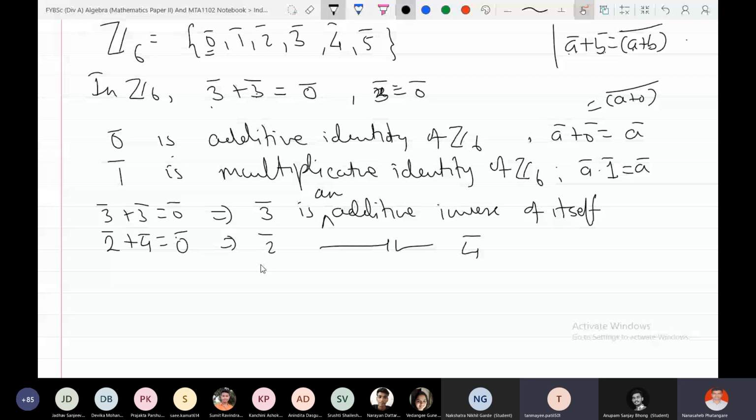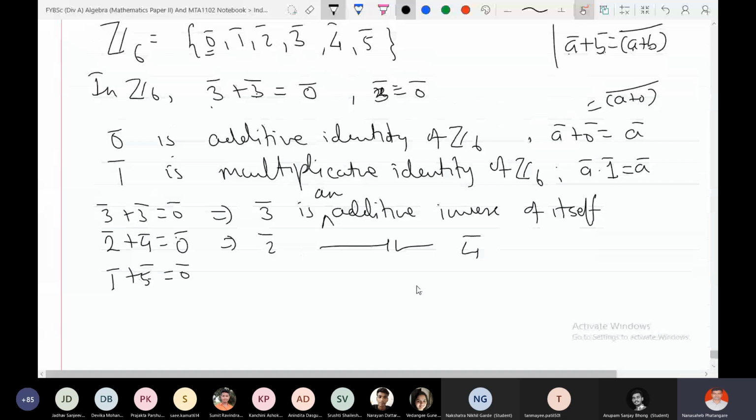So if you write down the addition table as we did yesterday, then you can get a clear idea which one is the additive inverse of which element and so on. This is one observation you can have. 1 bar plus 5 bar is 0 bar, so 1 bar is the additive inverse of 5 bar and 5 bar is the additive inverse of 1 bar, and so on.